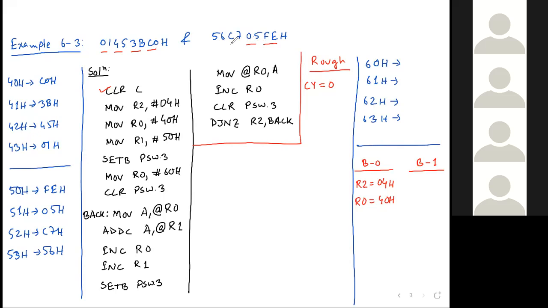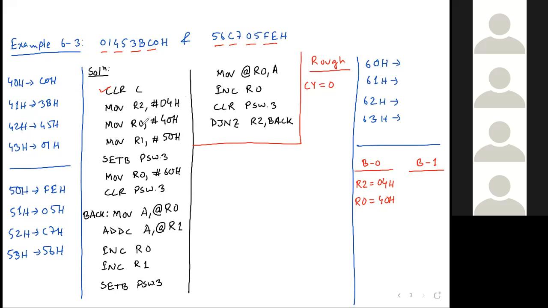This one also has 4 bytes. So in one loop, you can add only each byte of these numbers. So if you want to add the entire number, you need to run the loop 4 times. So that's why R2 is my loop control variable, and I am putting 04 because each of the number is 4 byte sized. Is it understood? Yes, sir.